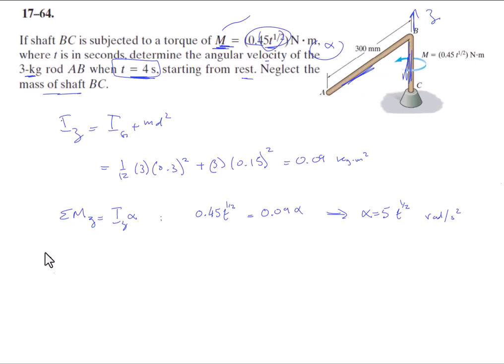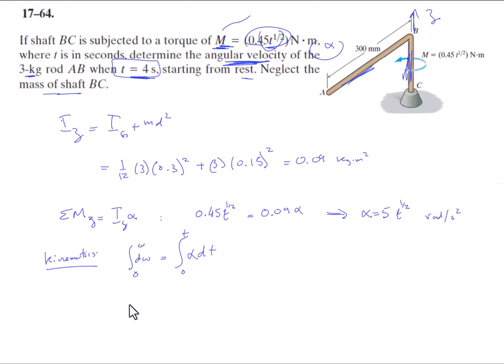I return to the kinematics, and you'll find that the integral of d omega is equal to the integral of alpha dt. So I'll integrate this from 0 to the omega that I want, the angular velocity that I want, and this from 0 to the time that I have, which is 4.